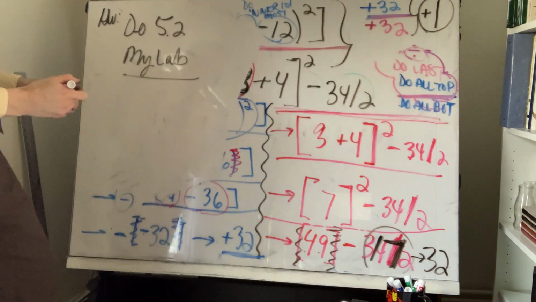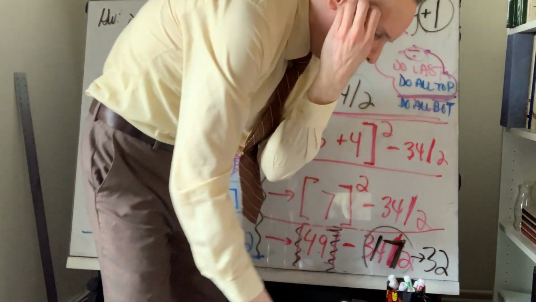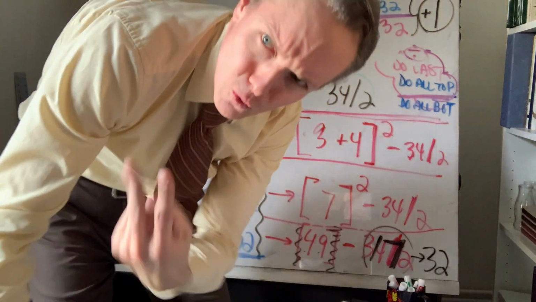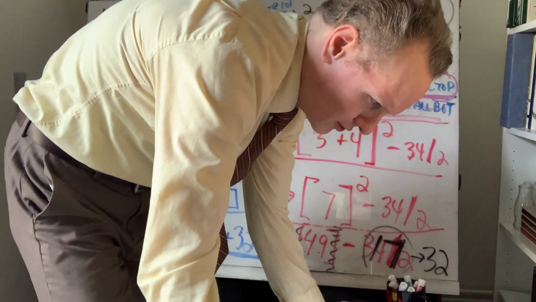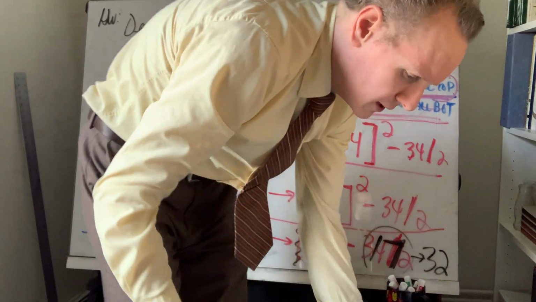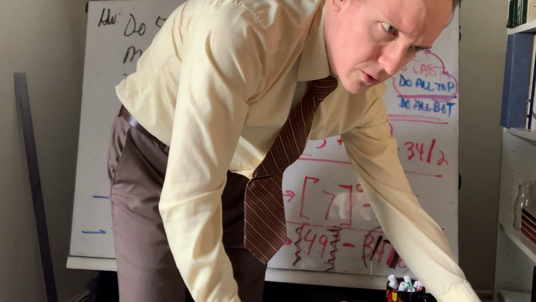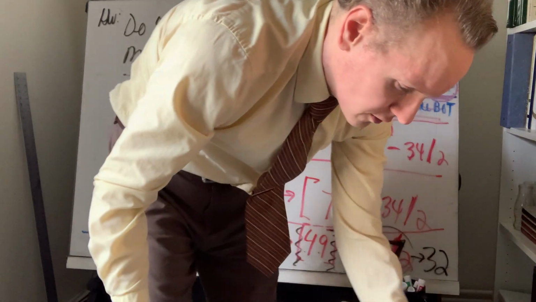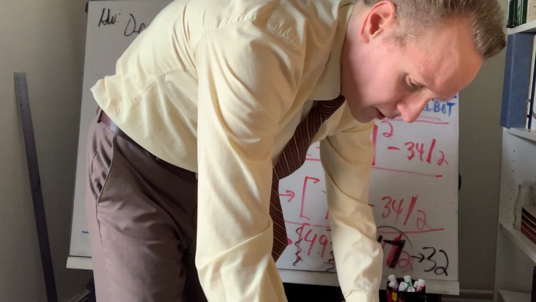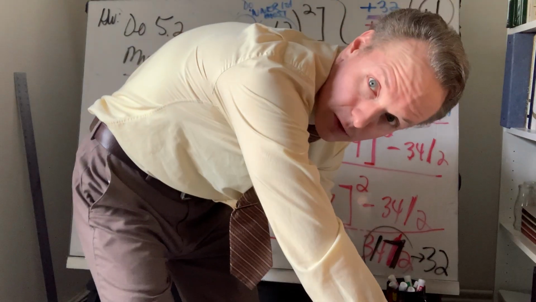Next week there'll be section 5.3 in 2 parts, so that might be a longer video. I apologize for that ahead of time. It'll be in the homework. You'll see section 5.3 part 1 and section 5.3 part 2, because it's going to involve fractions, so we have to take our time with that.